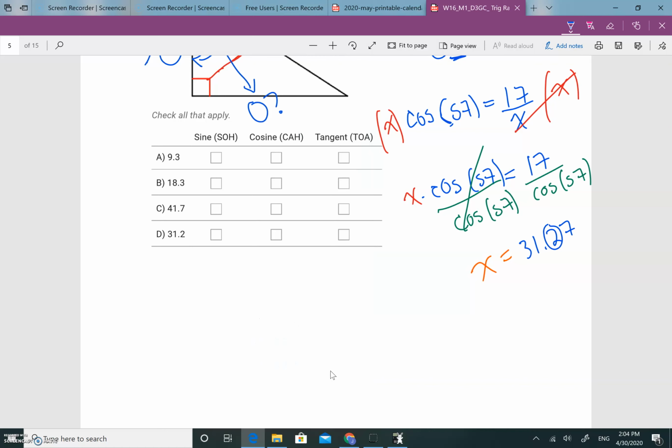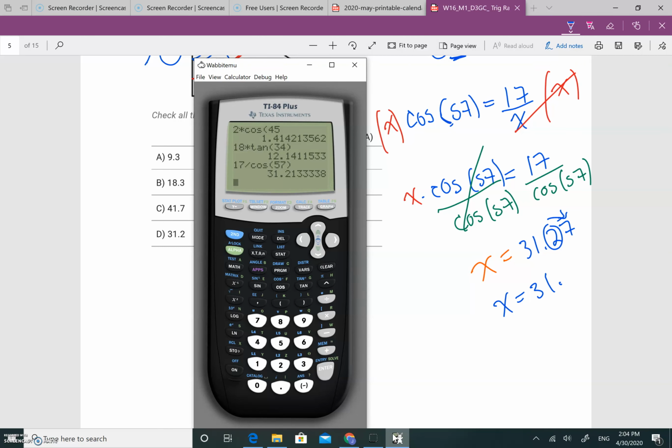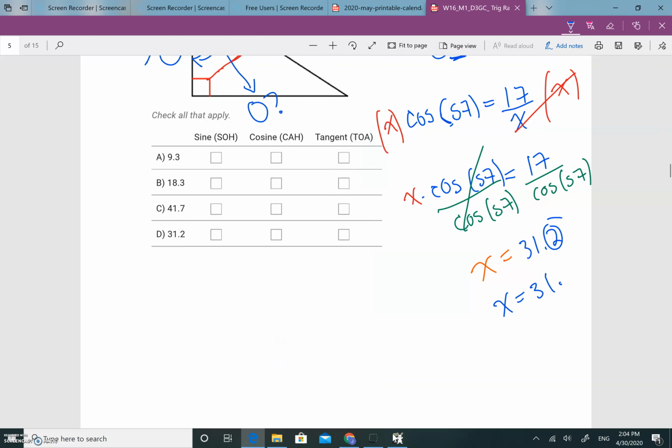So when you round this off, this is bigger than 5, so it's going to be X is equal to 31 point, wait, let me check that again. Oh, this is not 7, it's supposed to be a 1. So 31.2. And I used cosine, so it's going to be cosine, and then 31.2 is here, so I would go ahead and check that one.